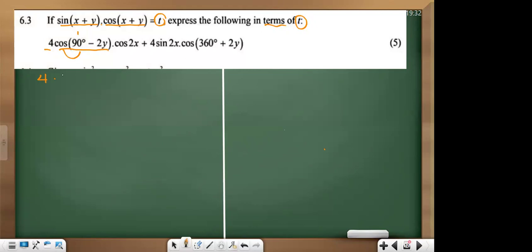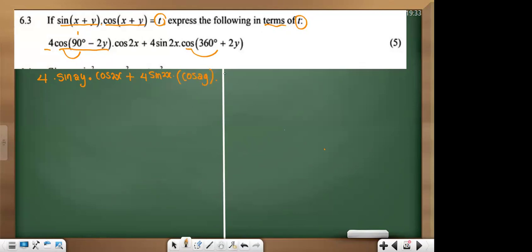So this will be sine 2y times cos 2x, plus 4 sine 2x. All right, what is cos 360 plus 2y? Use a calculator. It is the fourth quadrant, where cos is positive. That will be cos 2y.